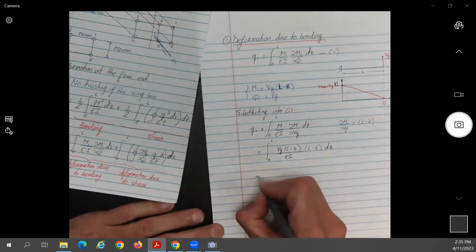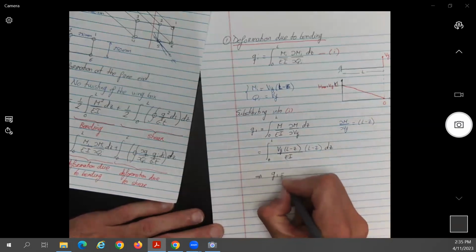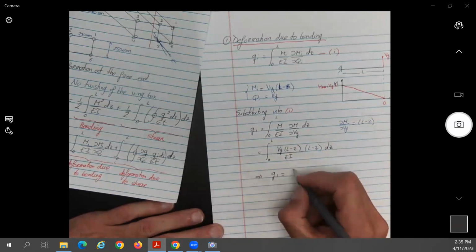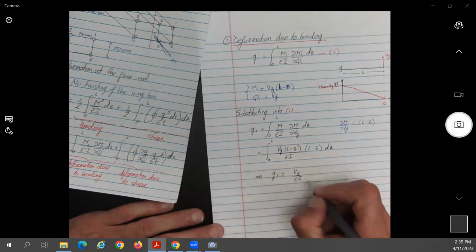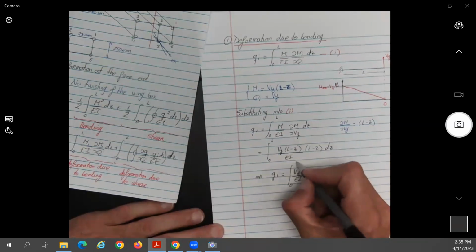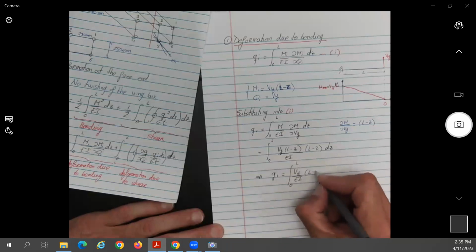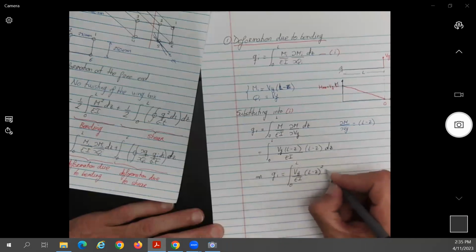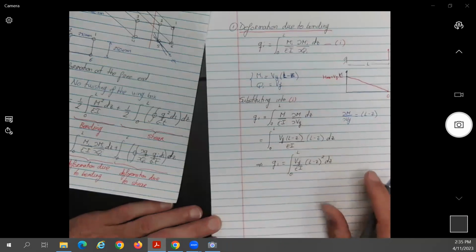Okay, so we simplify this a little bit. This gives you Q_1 equal to Vy over EI, integral of (L minus Z) squared. If you want, I can keep everything in the integral. Easy.